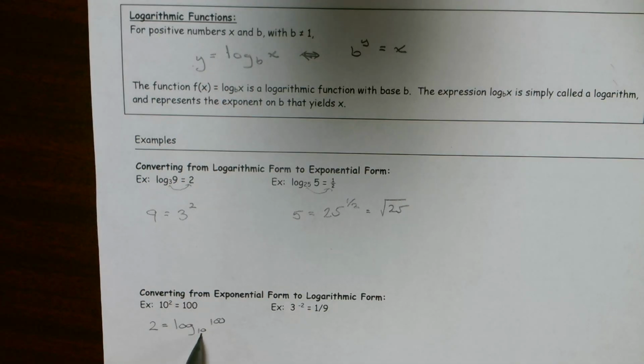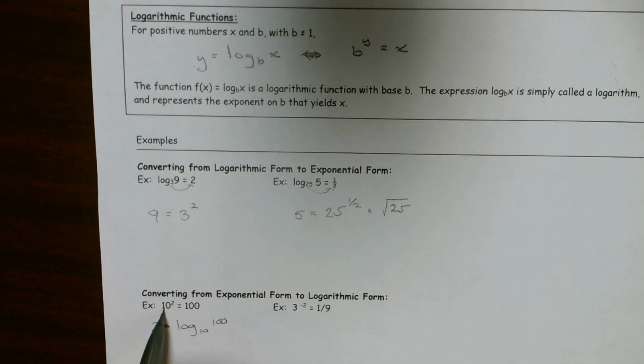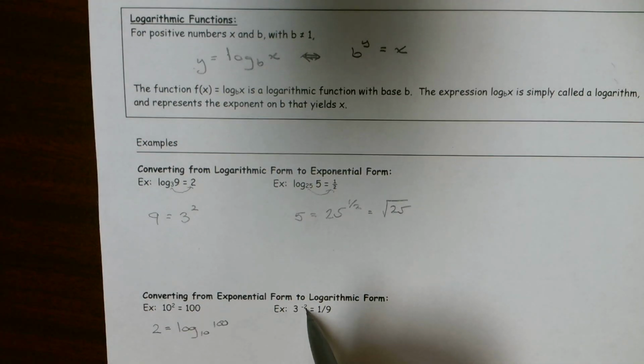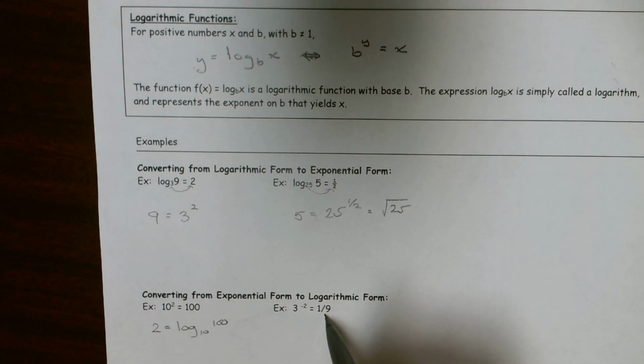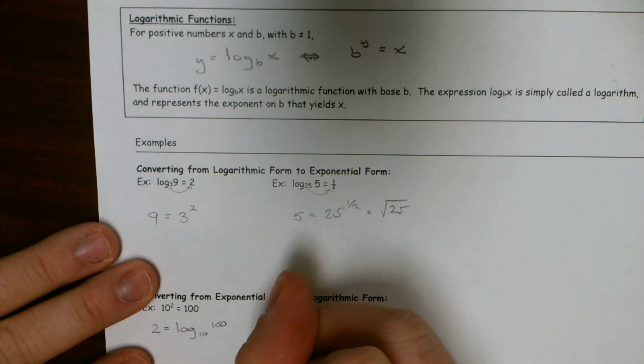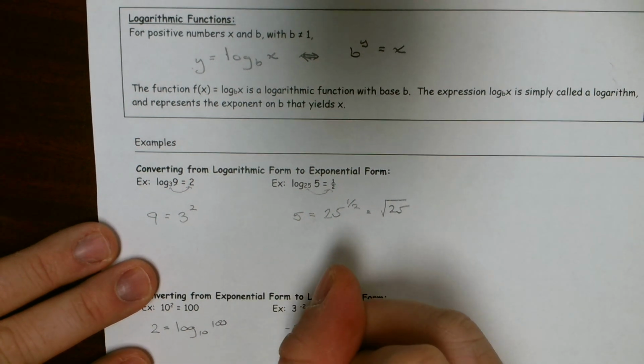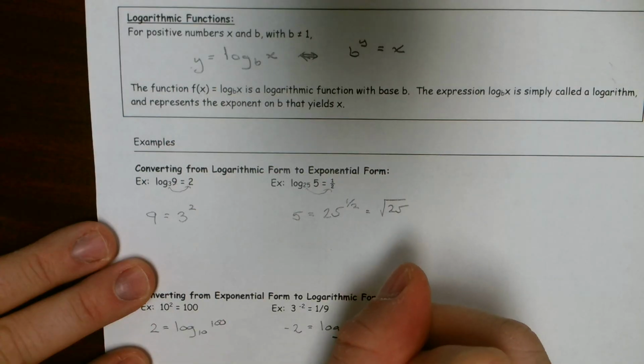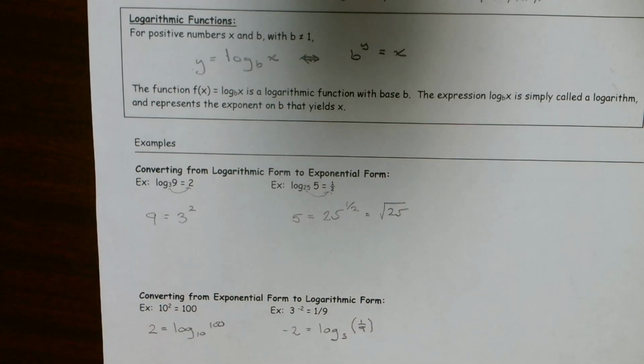The base of the log is always the base of the exponent. If we have 3 to the negative 2 equals 1/9, then that means negative 2 is equal to log base 3 of 1/9.